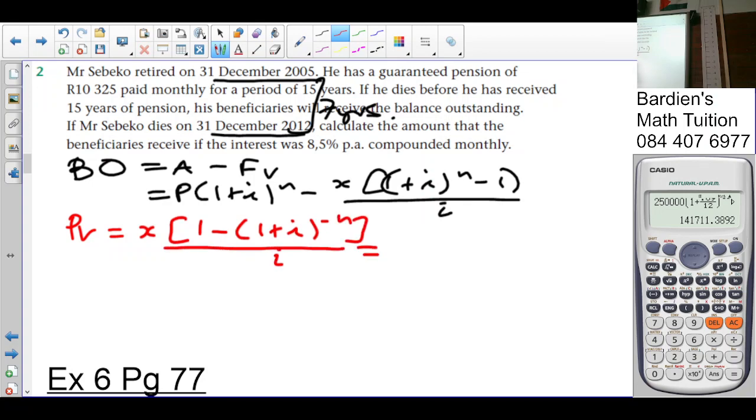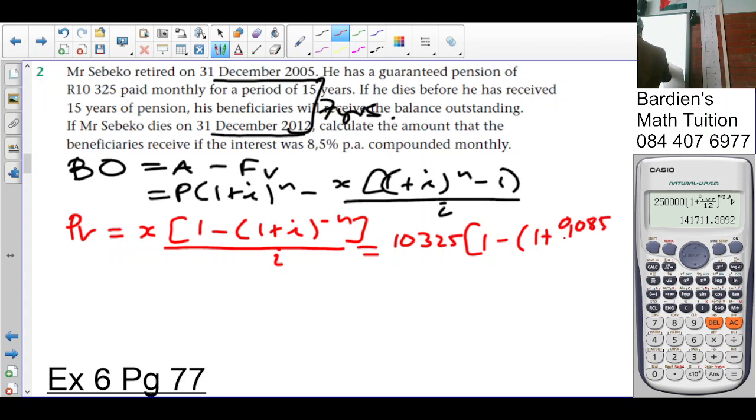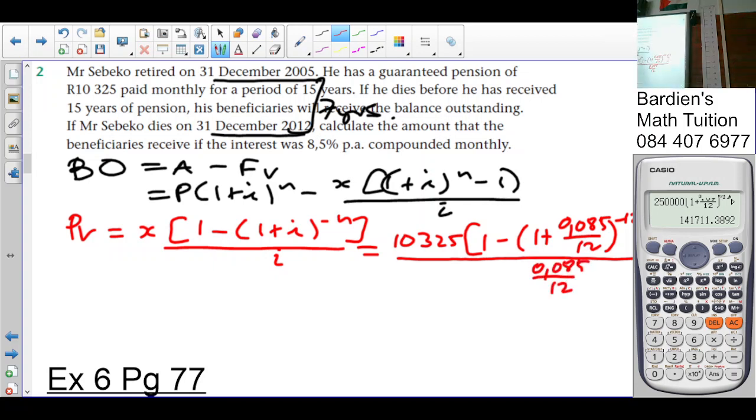So it's going to give you 10,325 Rand into 1 minus 1 plus 0.085 over 12 to the exponent negative 12 times 15 years, over i, which is 0.085 over 12.